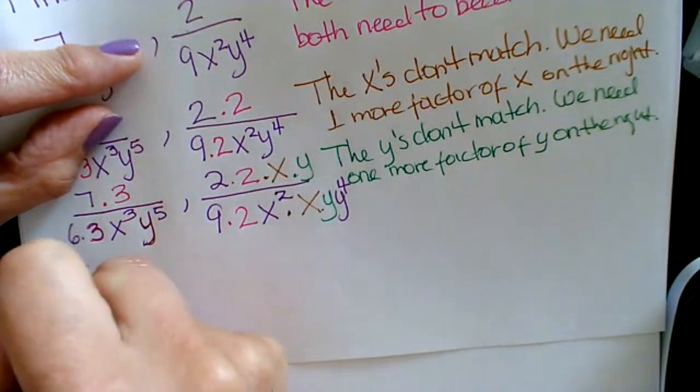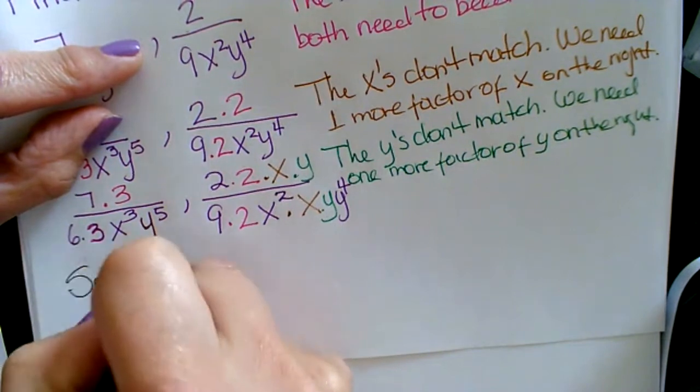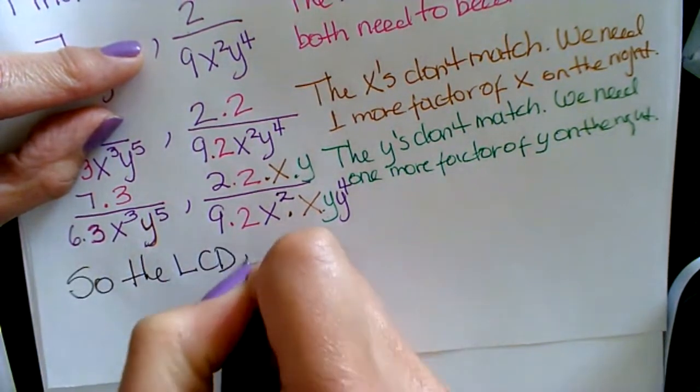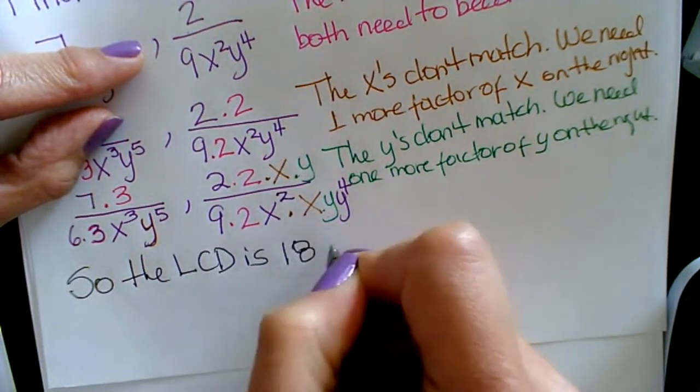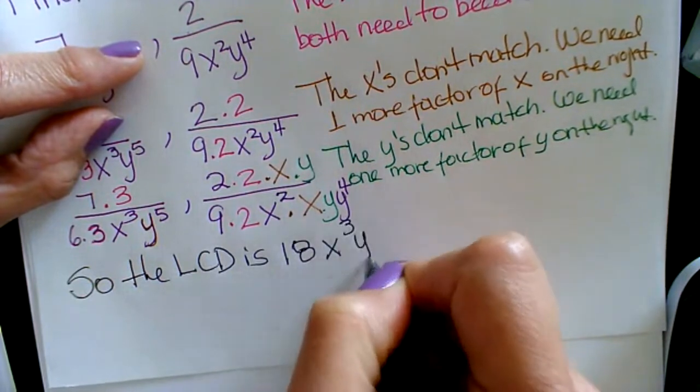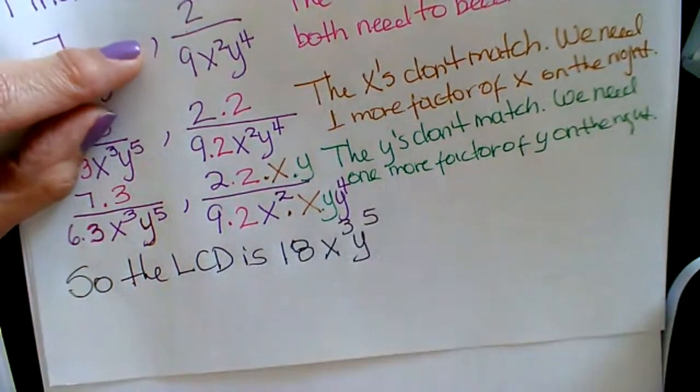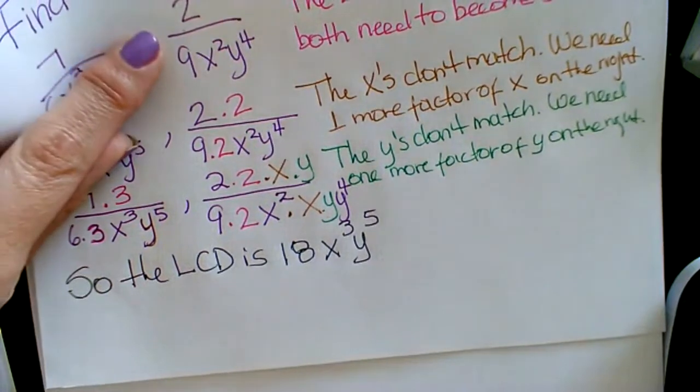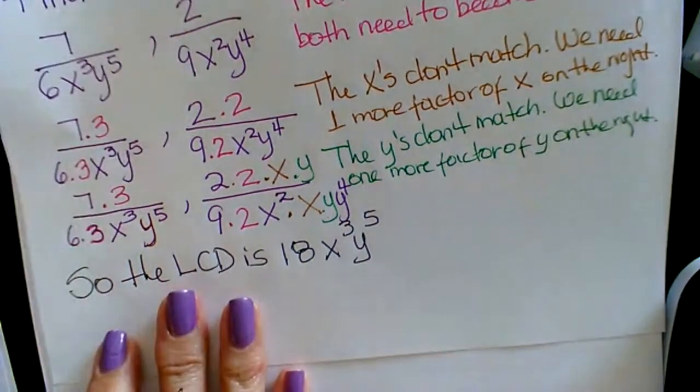18. So the lowest common denominator is what? 18 x to the third power and y to the fifth power. Okay?